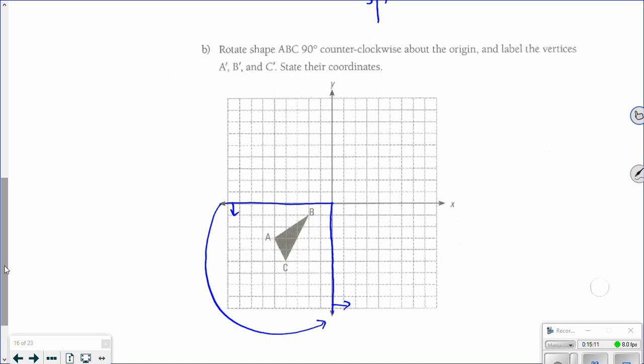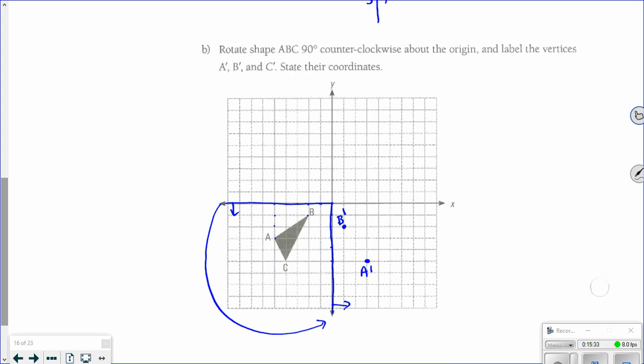So to get to B, I go 2 along my reference line and 1 away. So my new B is going to be 2 along my reference line, 1 away. To get to A, I go 1, 2, 3, 4, 5 along my line, 3 down, or 3 away. So 1, 2, 3, 4, 5 along my line, 3 away.